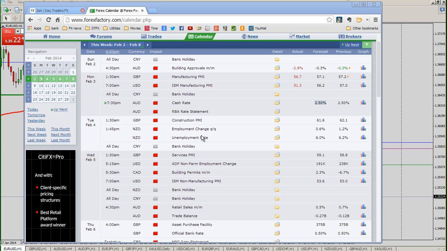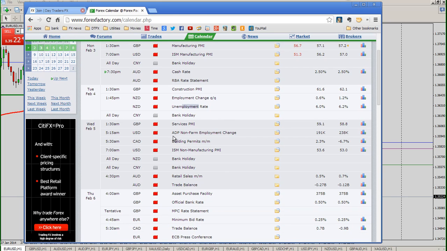Okay, Tuesday, we have a little bit of news. Nothing too huge. Construction news for the UK and employment numbers for New Zealand. So that can always get the New Zealand dollar, New Zealand yen, all those Aussie, New Zealand pairs moving. Wednesday, we've got the good old ADP for the U.S., which means we have non-farm payroll this week, ISM, a couple of bank holidays, and we have retail sales and trade balance for Australia.